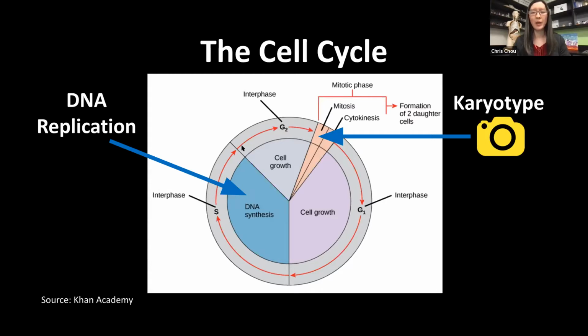And then as the cell prepares to divide, it goes through G2 and then through M phase, the mitotic phase. And so in the middle there, you have metaphase, where the chromosomes are all lined up on the metaphase plate. That's an ideal time when all your chromosomes are fully condensed. Before they are separated, the karyotype is going to be taken. The picture of the chromosomes is going to be taken right there, okay?